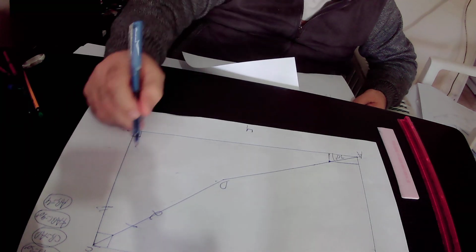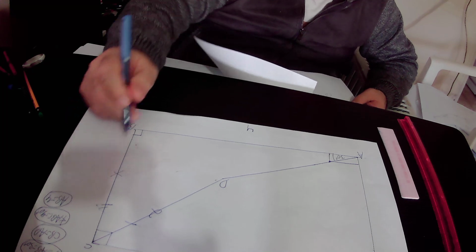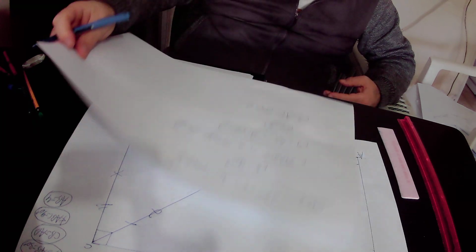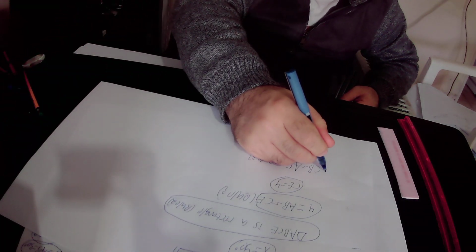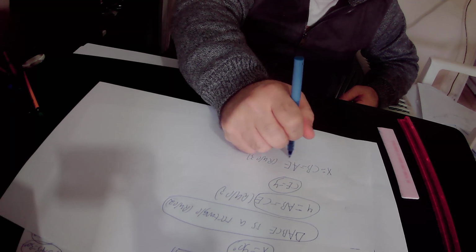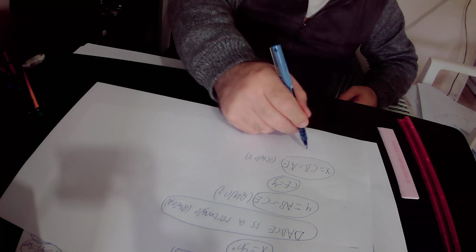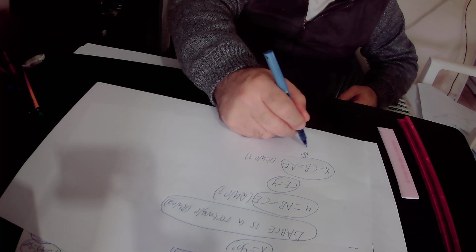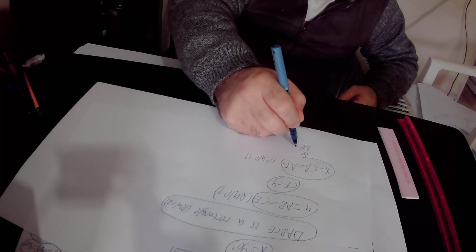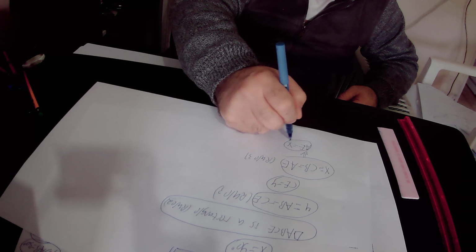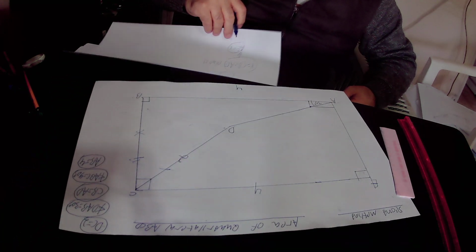If we define CB as x, that is to say CB equals to x according to our definition, from this equation we will derive that AE also equals to x, so we can write here that AE equals to x.